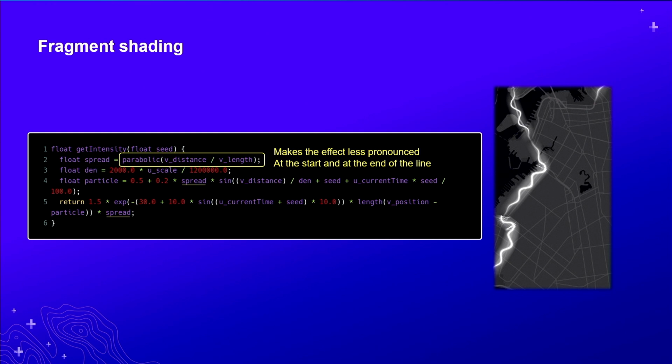Finally, we compute a spread factor, which makes the sine function less large at the beginning and the end of the polyline, and this is responsible for creating this effect that suggests that the electric beams are originating from a point-like source and are ending into a point-like sink.